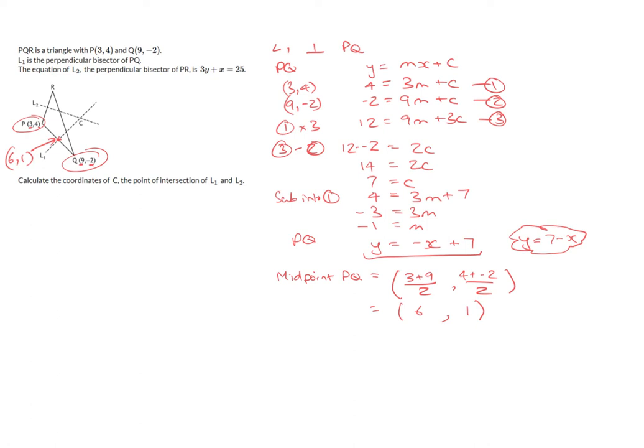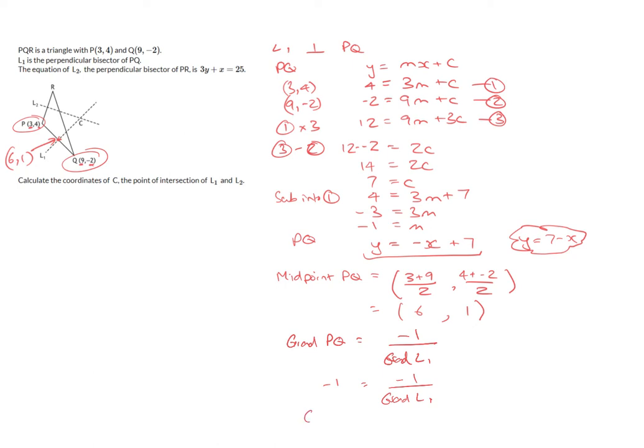Now I know that L1 and PQ are perpendicular to each other, so if that's the case, I know that the gradient of PQ is equal to -1 over the gradient of L1, because they're perpendicular. So my gradient of PQ is -1, so -1 is equal to -1 over the gradient of L1.